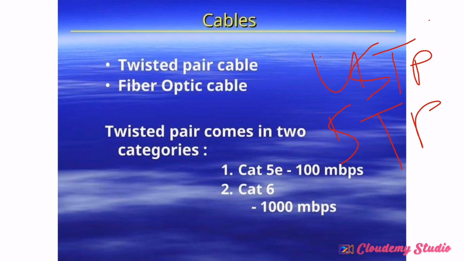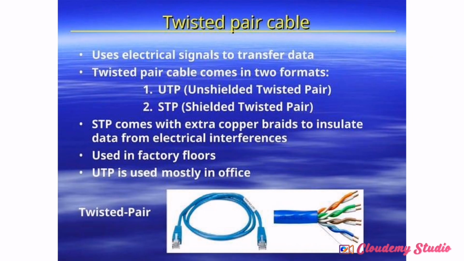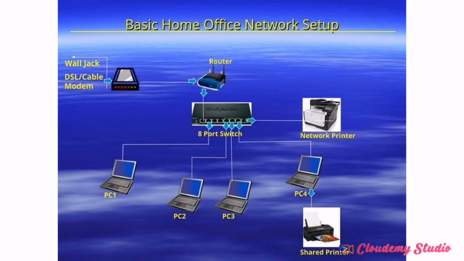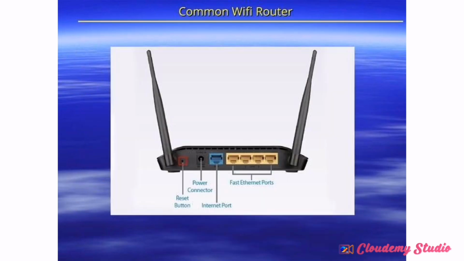Twisted pair comes in two categories. There is Cat5, which is 100 Mbps. Then we have Cat6, which is 1000 Mbps. So these are the cables that we're talking about, UTP and shielded twisted pair. Okay, so let's go on to today's lesson.